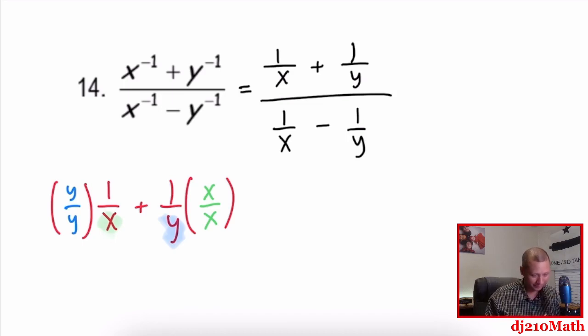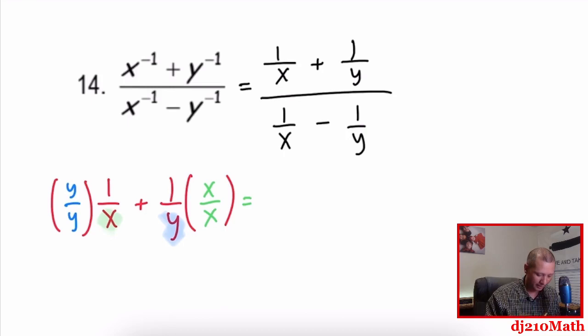Essentially what's highlighted here. So what's going to happen is that the top is going to be y plus x, and the denominator is x times y. Y times x and x times y, it's the same. It doesn't matter the order when you're multiplying. All right, so this is the numerator.